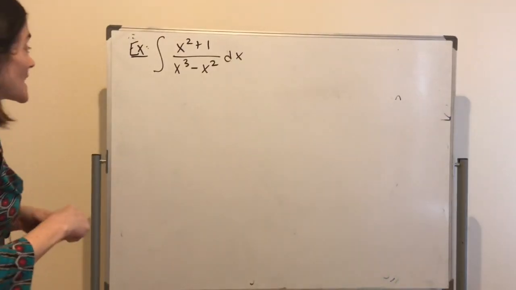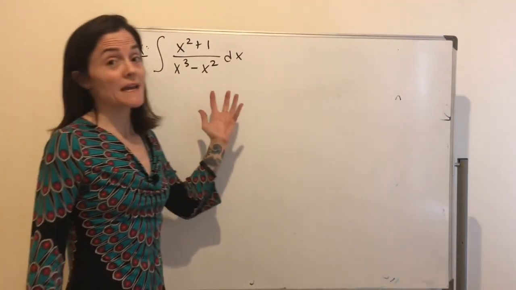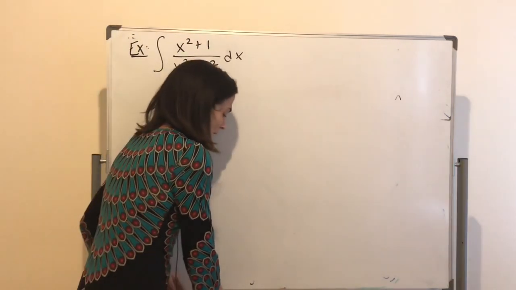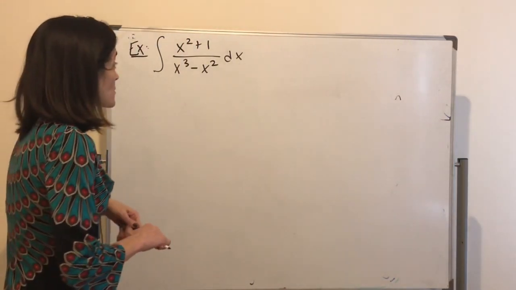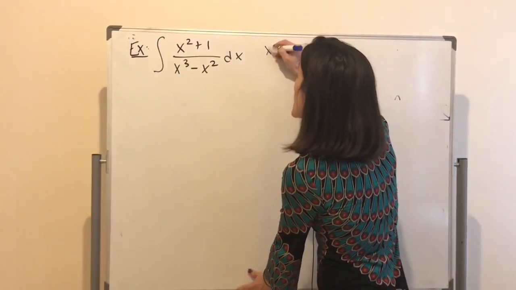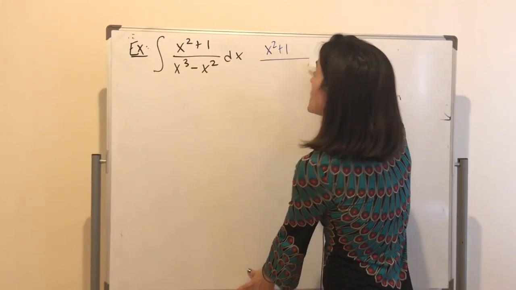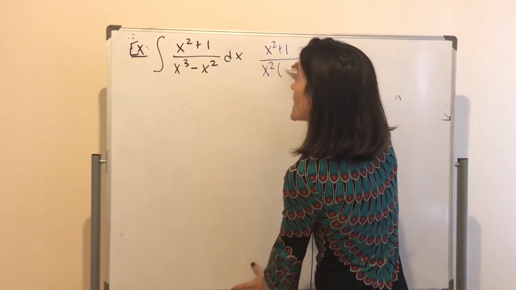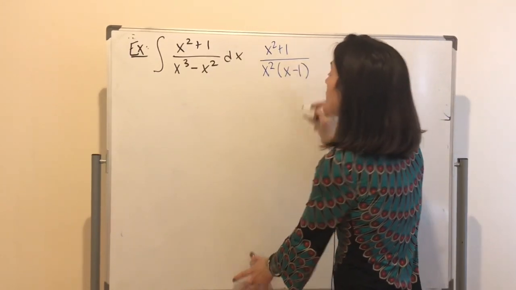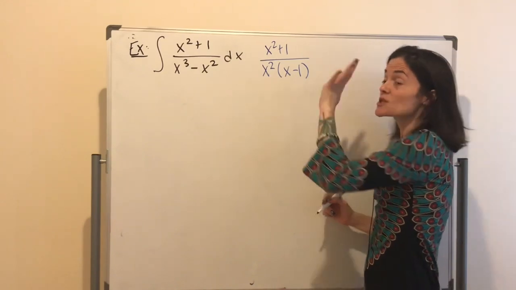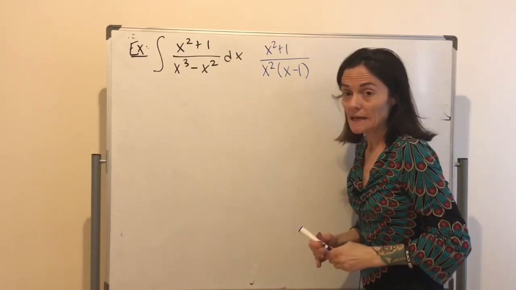We see, looking at the integrand, certainly the degree of the denominator is bigger than the degree of the numerator, which is wonderful. And we can factor the denominator. So maybe I will do this up here. X squared plus 1. What's common to both terms is an x squared, and then we have an x minus 1. So this is distinct linear, but the x squared, this is really repeated linear.